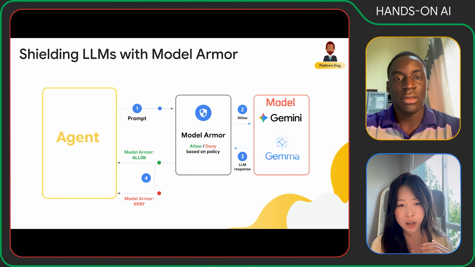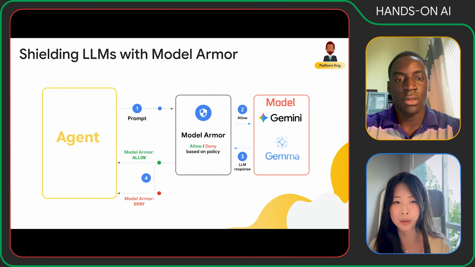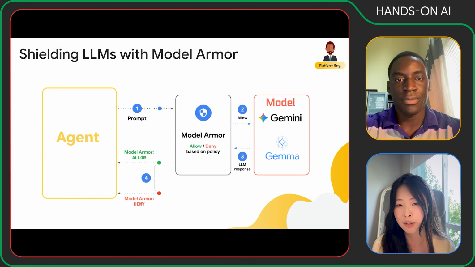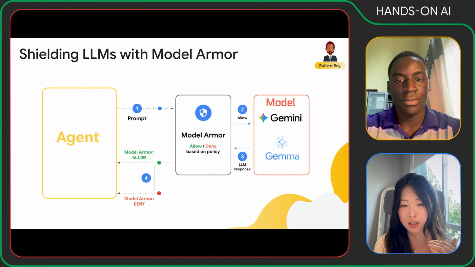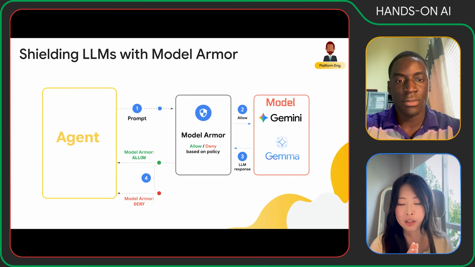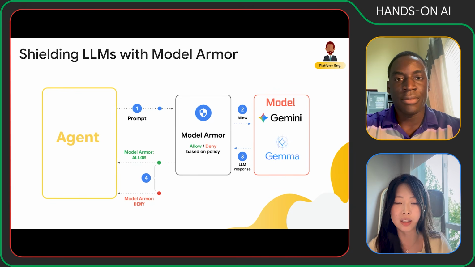If the policy allows the prompt, it will reach your model no matter whether the model is Gemini, Gemma 4, or any other model. And note that it's an API call, so it can be used for many different use cases. But when it comes to the policy, how can we configure this, how detailed can we configure Model Armor, what are the settings?